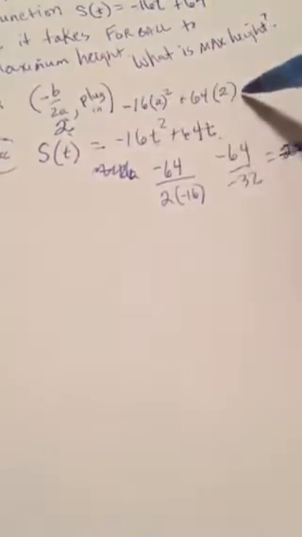And so we have negative 16 times 2 squared plus 64 times 2. And now when we solve this, we'll find out what other number goes here.